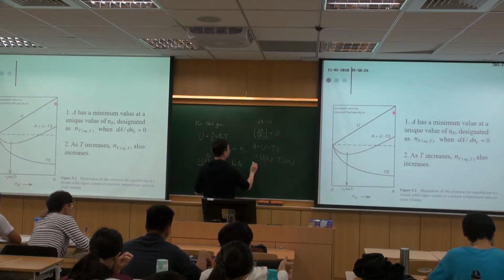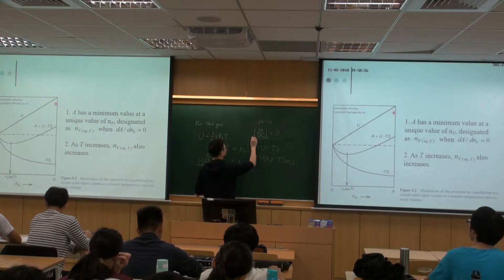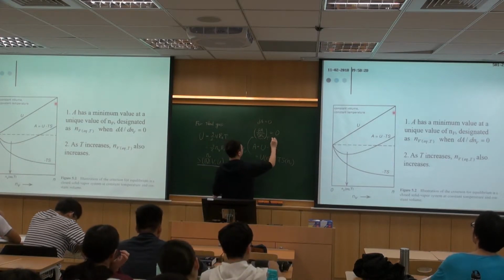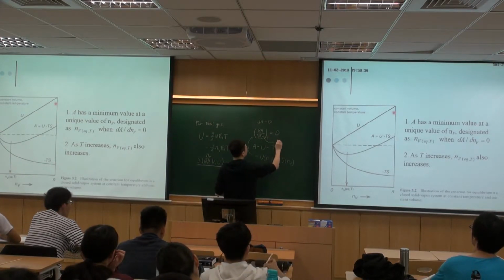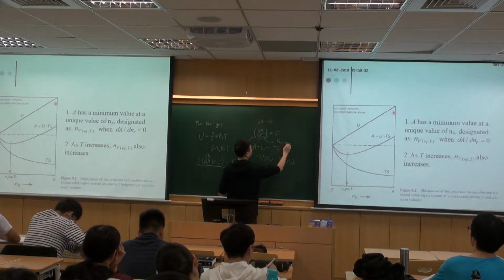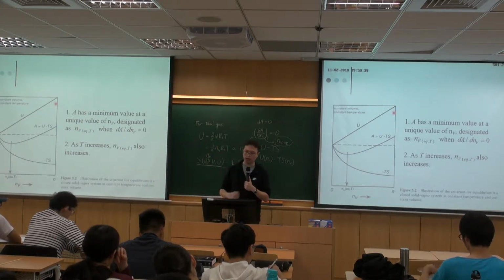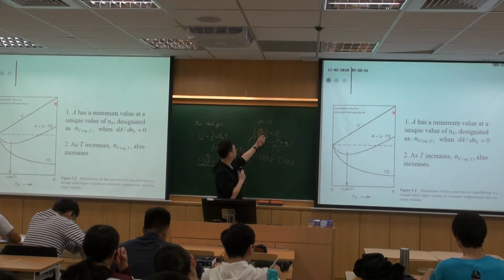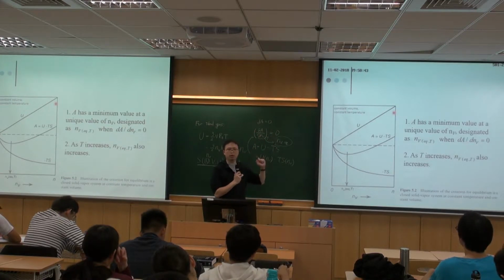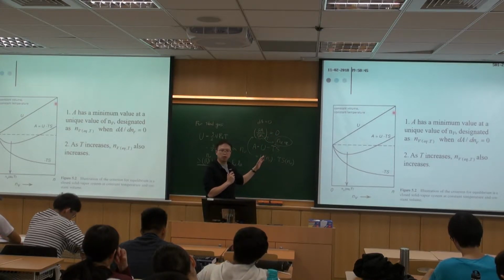And then we perform this to figure out what will be the equilibrium number in the vapor phase such that partial A, partial MV is 0. Right? So this is very simple calculus.